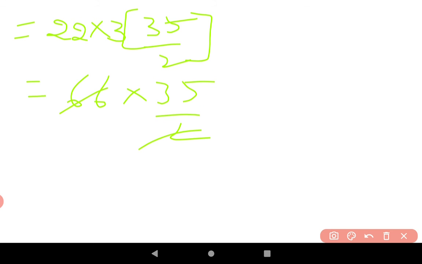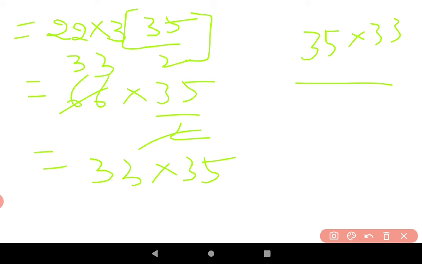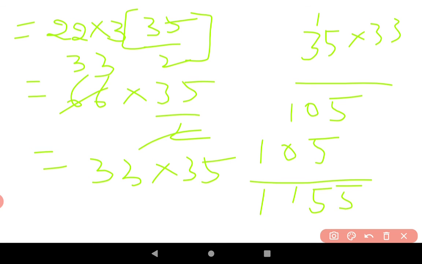So divide this, you will get 33. So when you multiply 33 into 35, let me multiply here. 35 into 33 is 1155 centimeter square. So this is the TSA of cylinder B.